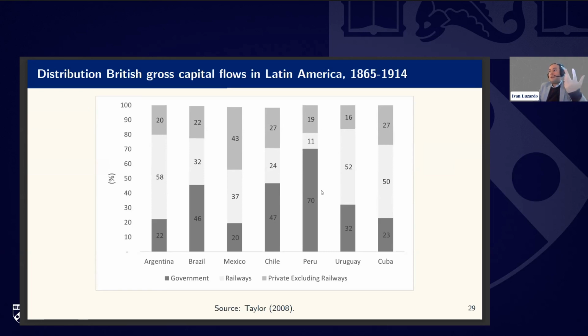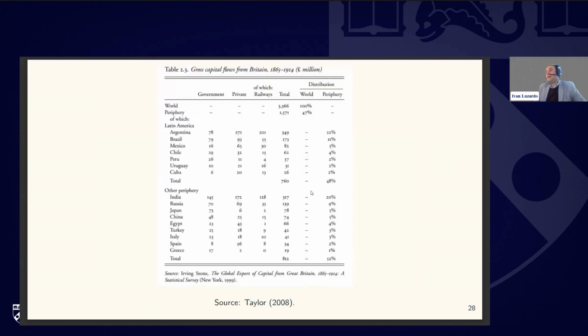On the contrary, we see the case of Peru, where most of the foreign investment or capital inflows went into funding government expenditure. So we wanted to know not just the magnitude of capital inflows, but also how that money was spent.